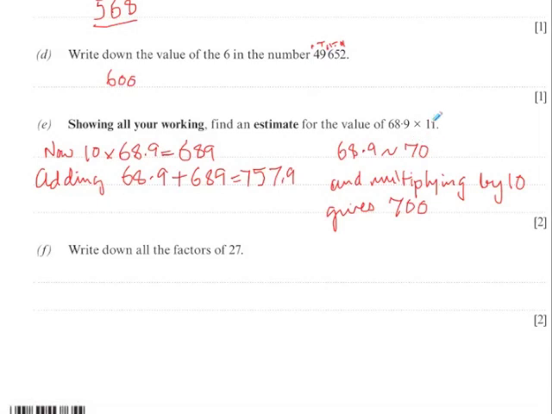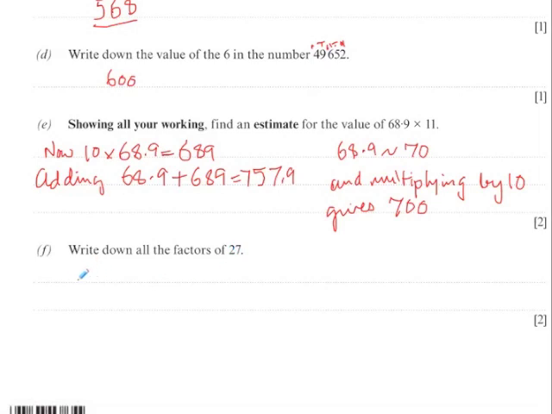You can multiply 70 by 10 to get a rough answer. It's still quite a bit out from the accurate answers, you can see. But I guess that's what they're trying to get at in this question.